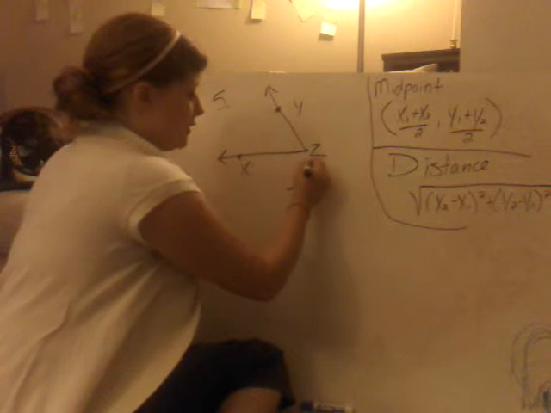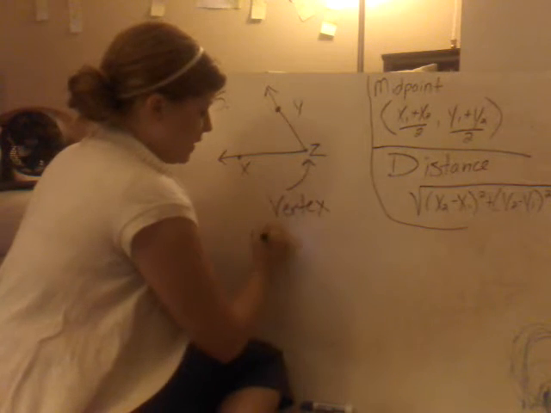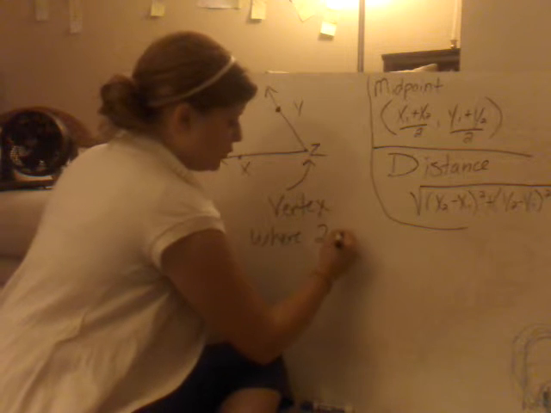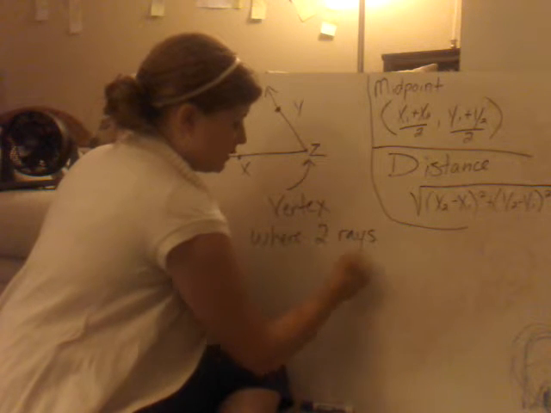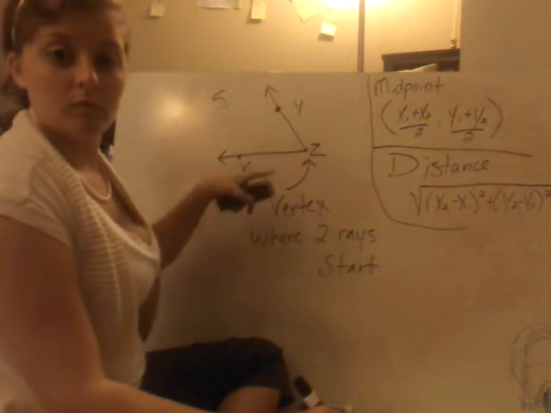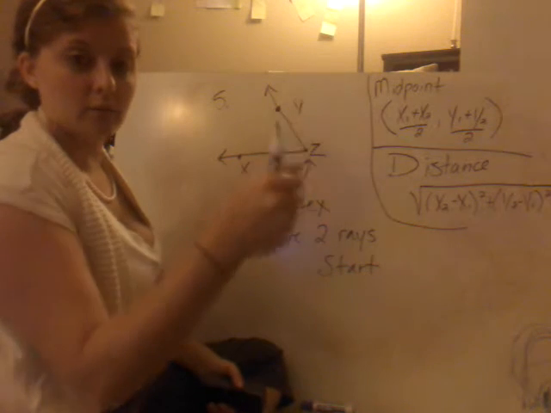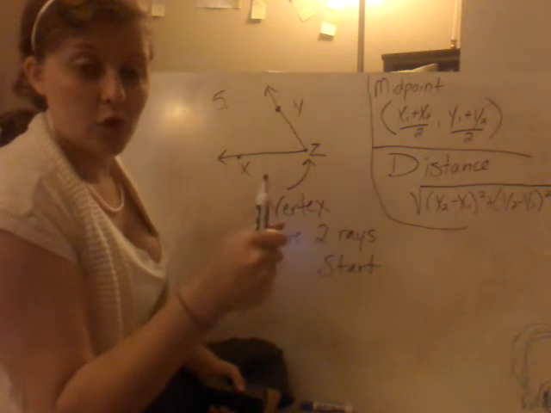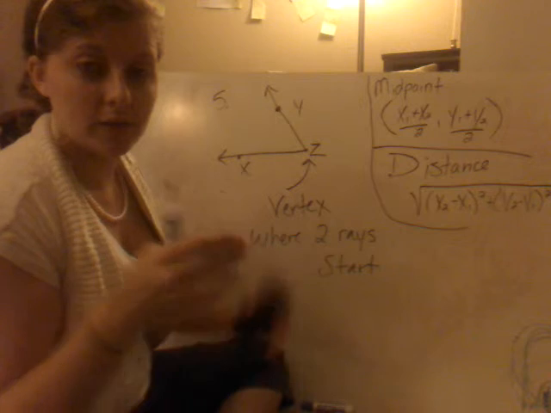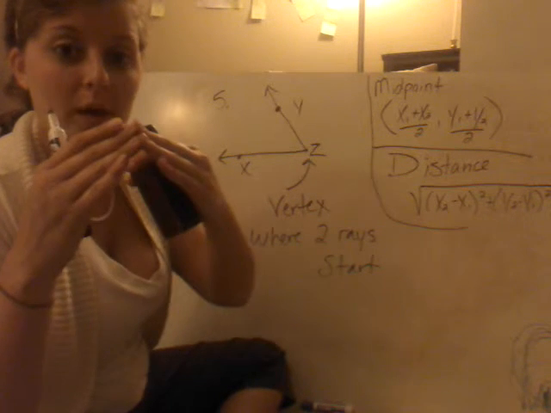This right here is our vertex, where 2 rays start. So again, we start at my marker and we go out. Vertex, start, rays, point, or where 2 segments come together. Vertex, point.